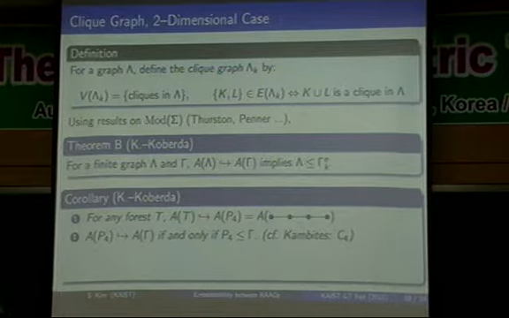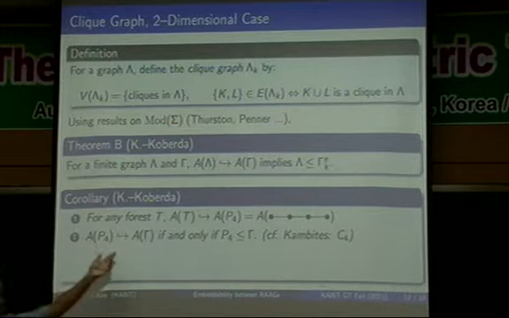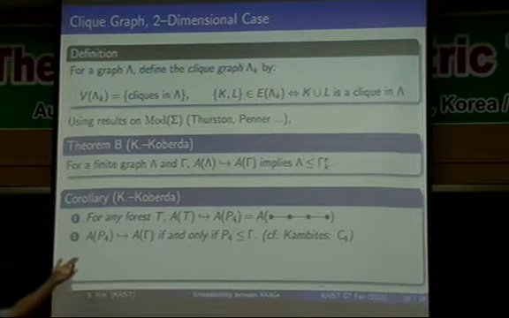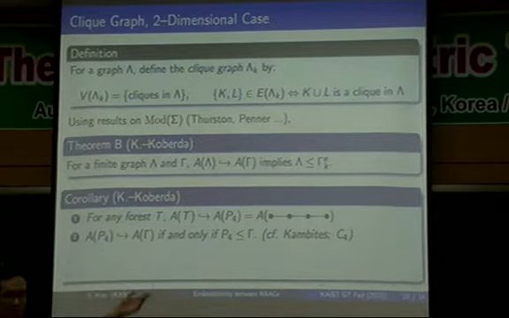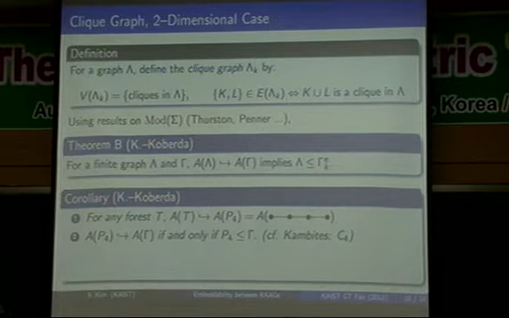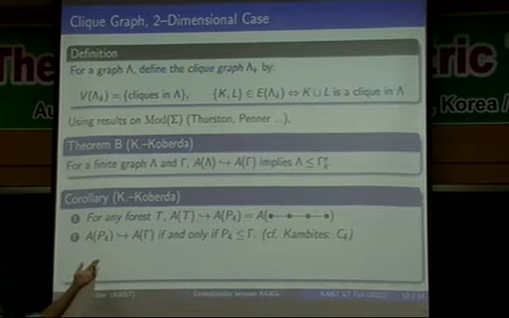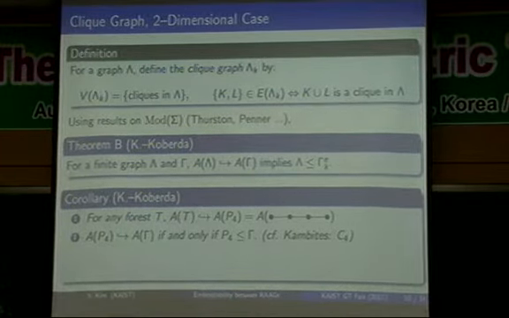And in a certain sense, P4 is unconceivable. That means that if A(P4) appears as a subgroup of a right-angled Artin group, then P4 must graphically appear in gamma. Previously, Kambites showed this result for C4. So C4 is also unconceivable: if A(C4) appears in a right-angled Artin group, C4 must graphically appear in gamma.